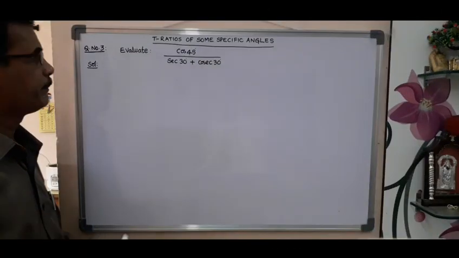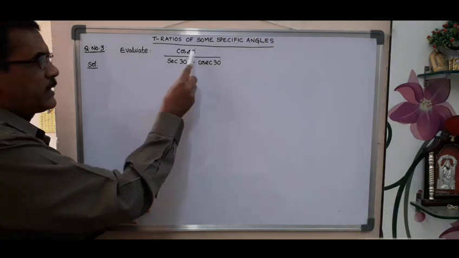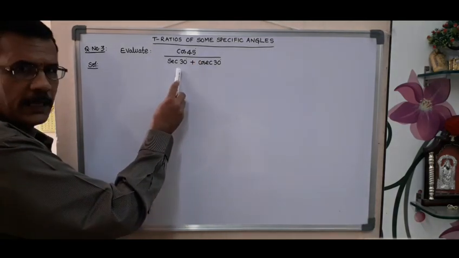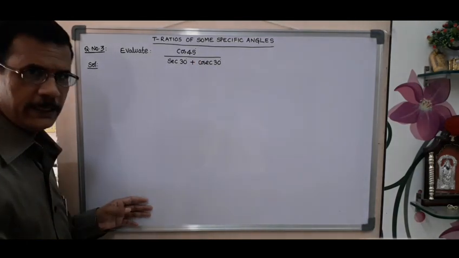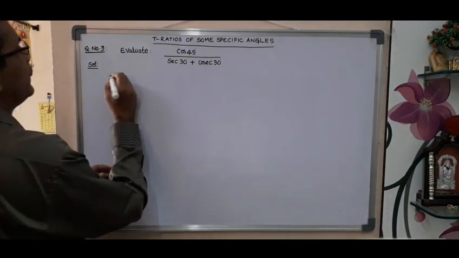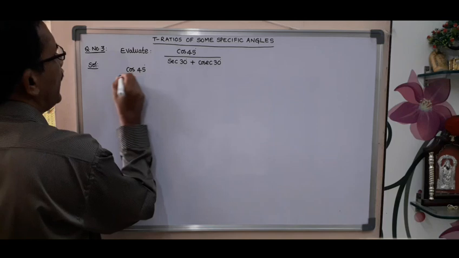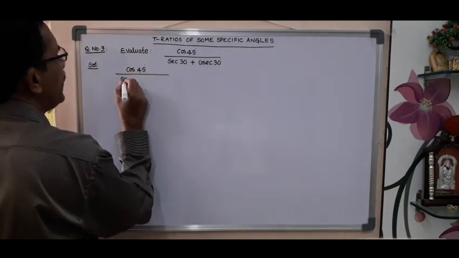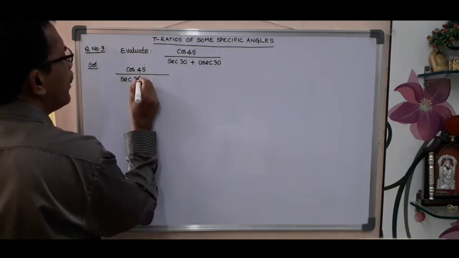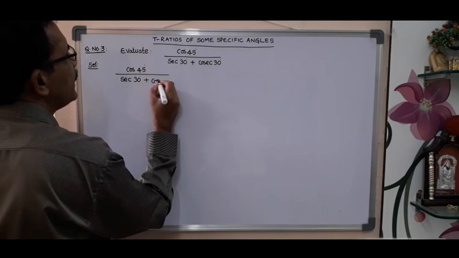Question number 3. Evaluate cos 45 degrees by secant 30 degrees plus cosec 30 degrees. Solution.